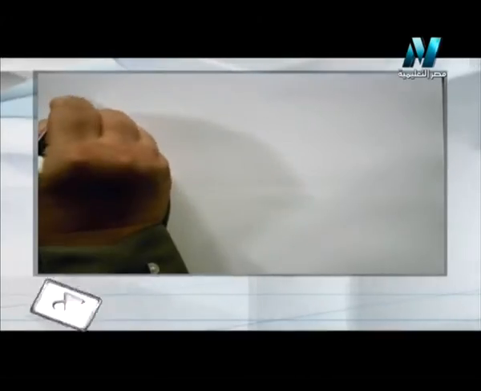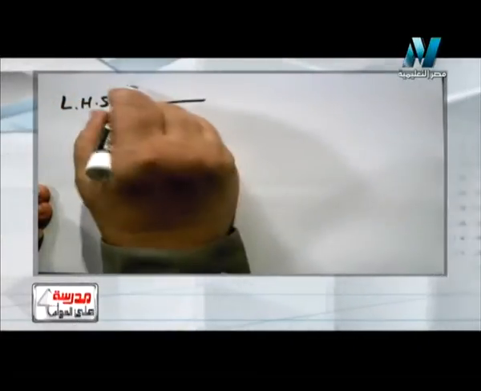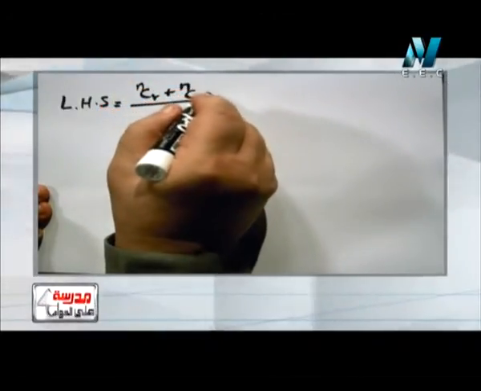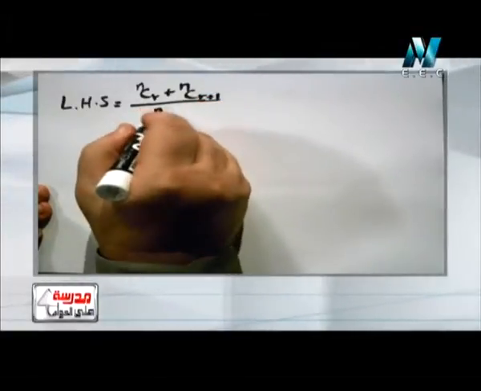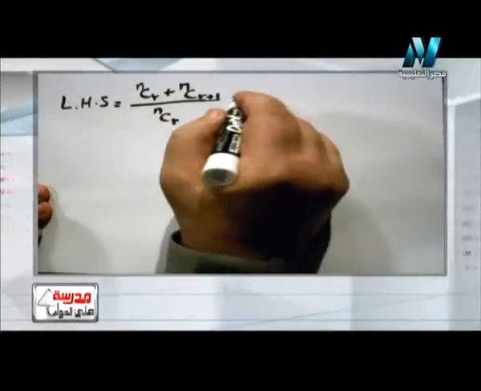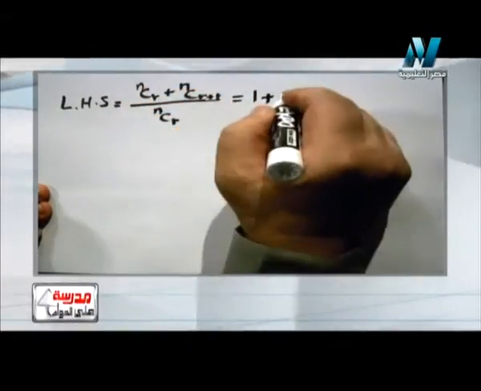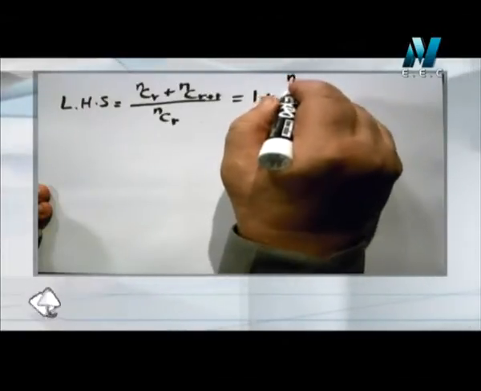Then we take the left-hand side: nCr plus nCr+1 over nCr. We divide nCr over nCr, which equals 1, plus nCr+1 over nCr, which we put as a ratio.